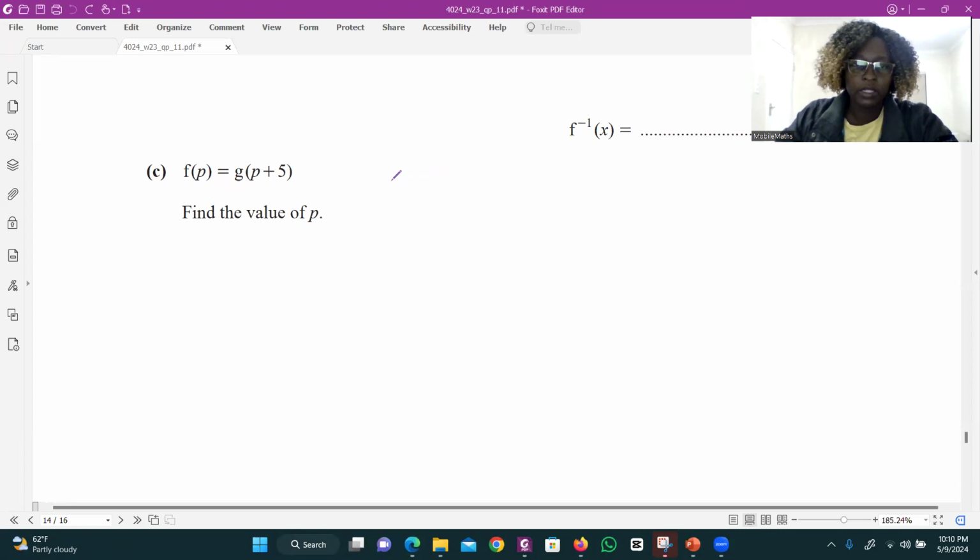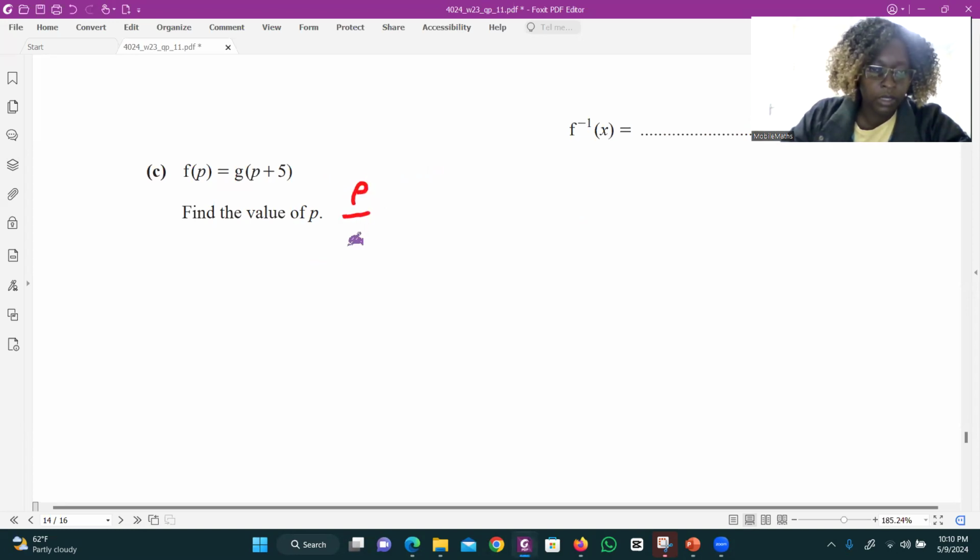Okay, so we had our f of p as p over 4 plus 3, and we say this is equal to 2 bracket p plus 5 minus 1, like this, okay? That's what we have. So now I can multiply all the sides by 4.